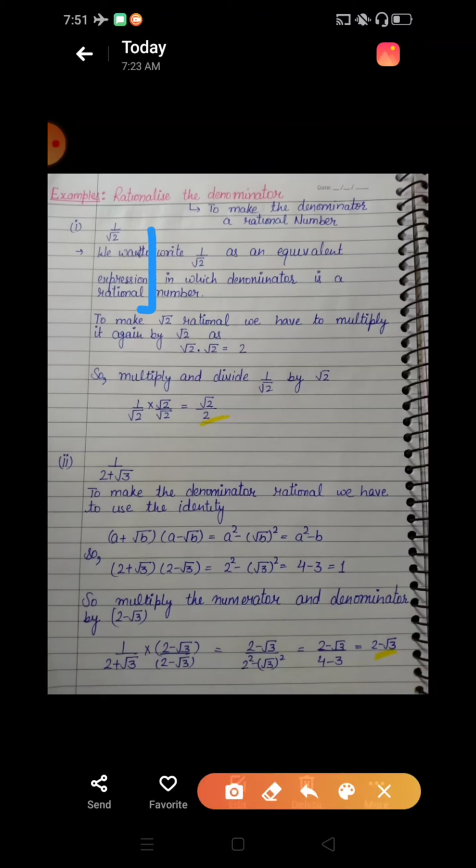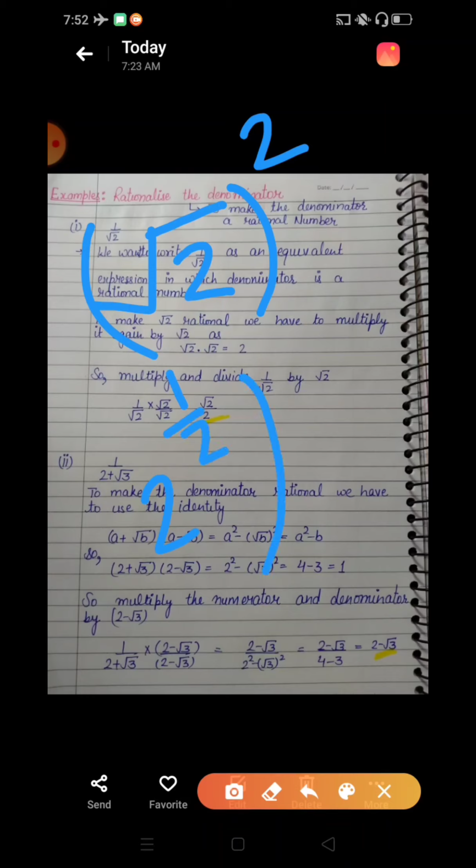As I have told you earlier, if you are given any value under the root and you want to skip this root, you have to square it, because here the root power is 1 by 2, and if you square it, the 2 and 2 will cancel each other and your answer will be a complete number.